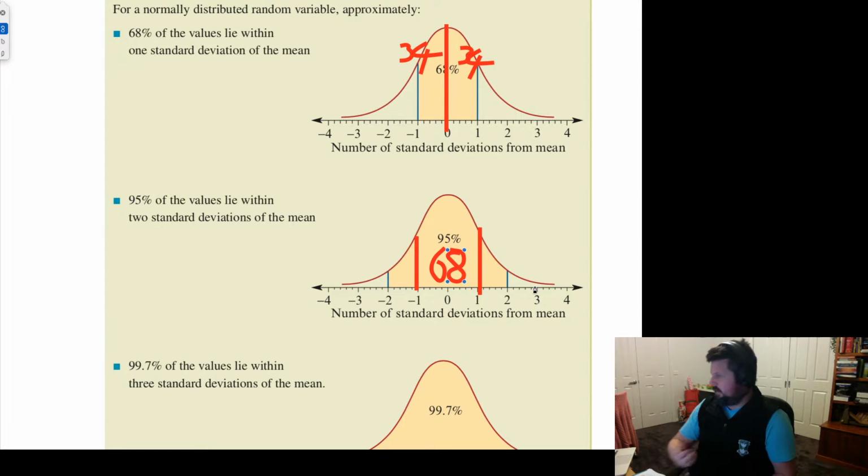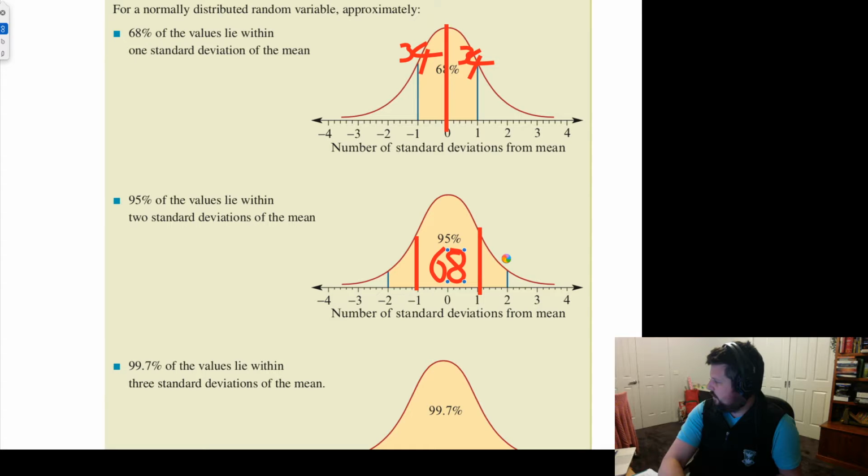Obviously that's 13.5% there. The 13.5% on either side gives you the 27% more than the 68%. That gives you the 95%.